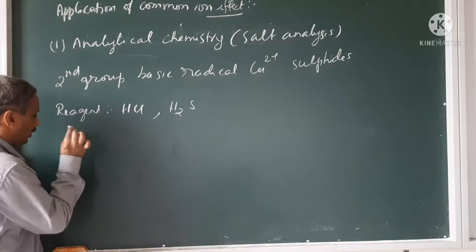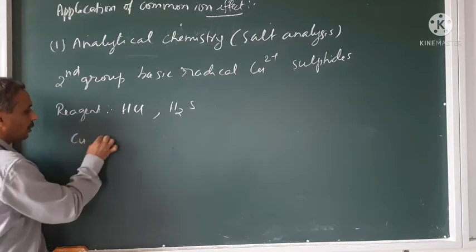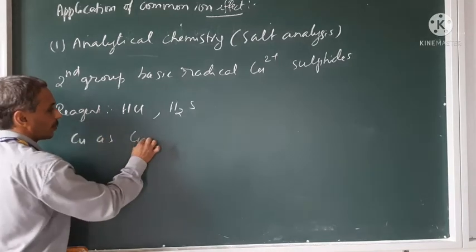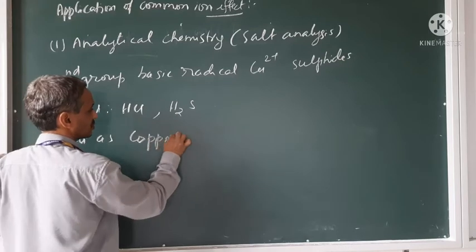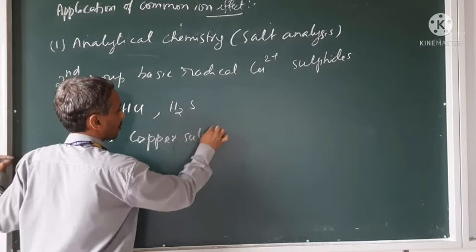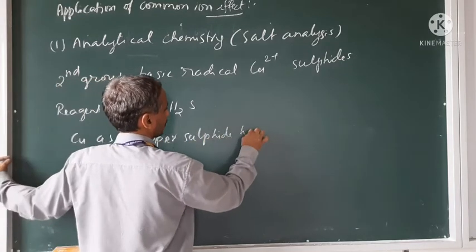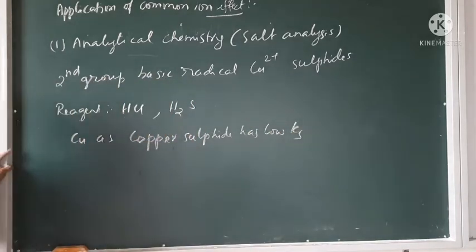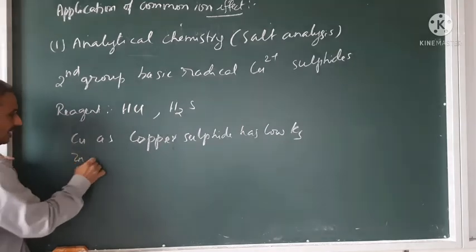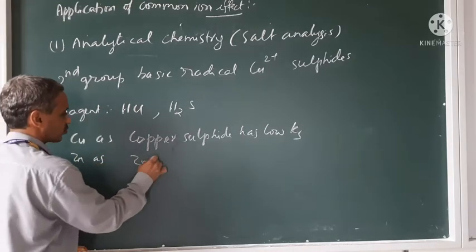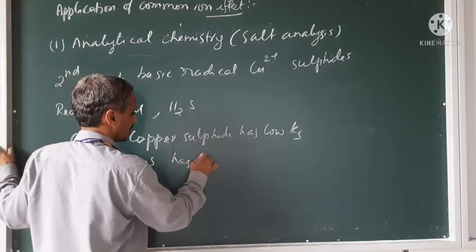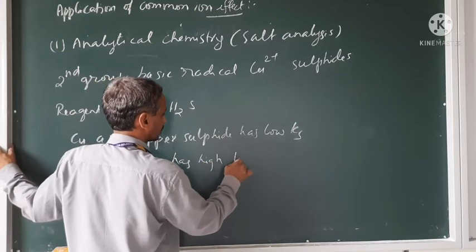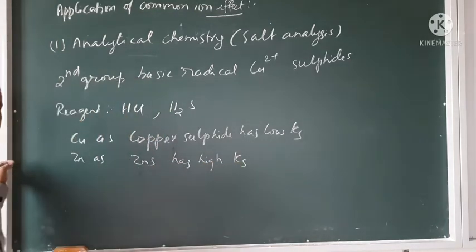See, first point to remember, copper as copper sulfide has a low solubility product value. Zinc as zinc sulfide has a high solubility product.